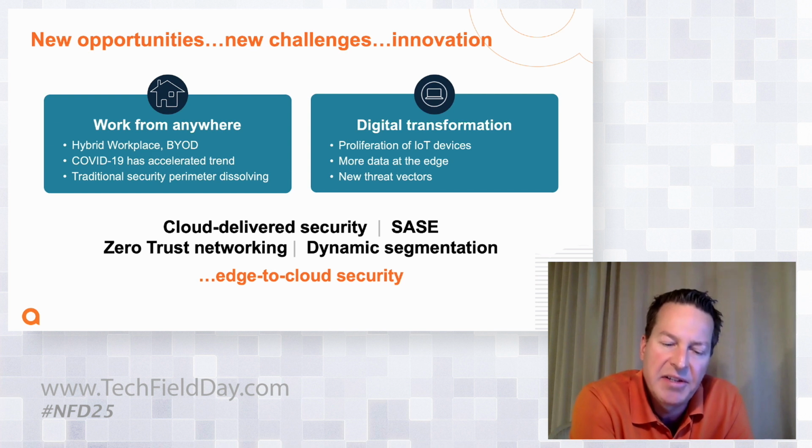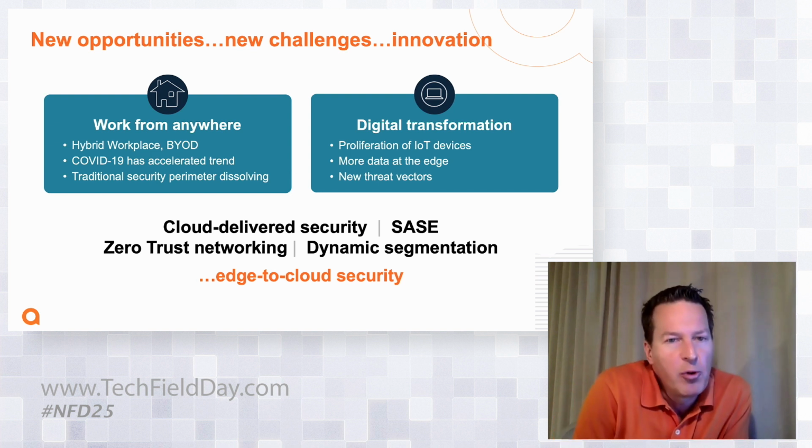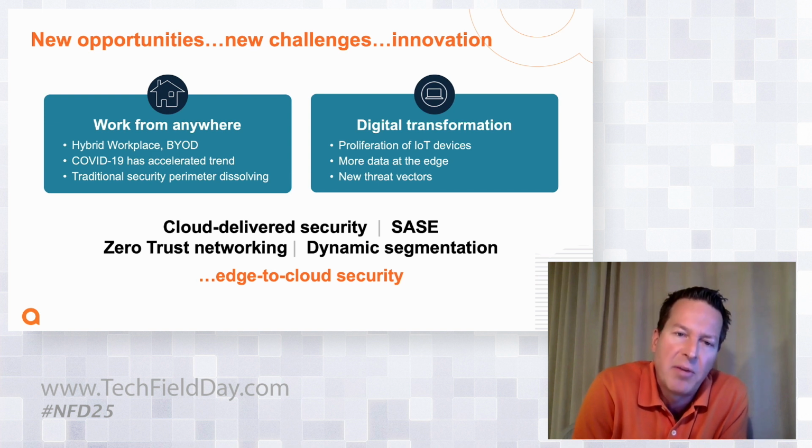These deployments were ones that we were ready for, but at the same time, it gave us a lot of confidence and a little bit more insight into what it means from a security point of view to have this much more distributed edge. Work from anywhere really is the explosion of the data center as the place where the applications live.